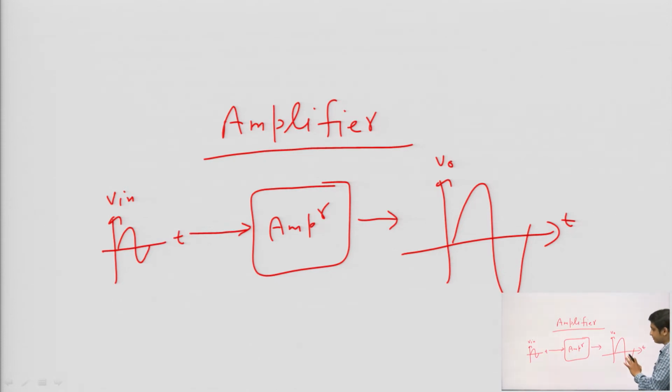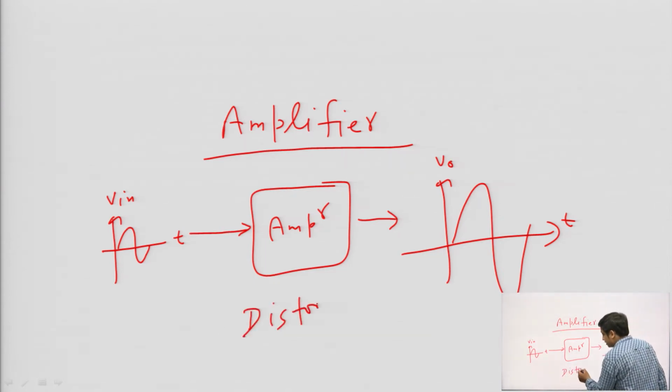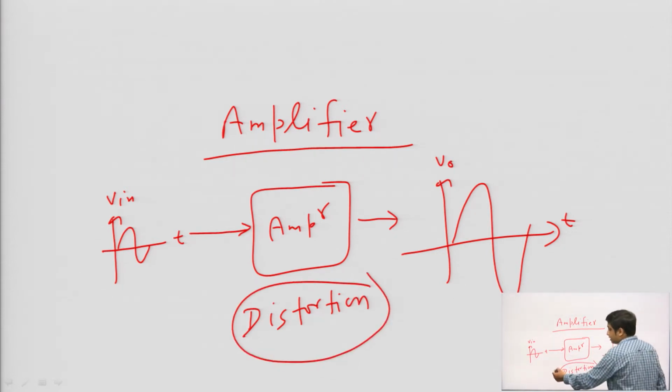You can see that the amplitude, the voltage level of the output signal is increased, but the shape of the input and output signal are both the same. So, in amplifier the shape of the input and output signal should be the same. If the shape is changing, that means there is a distortion, that is unacceptable.